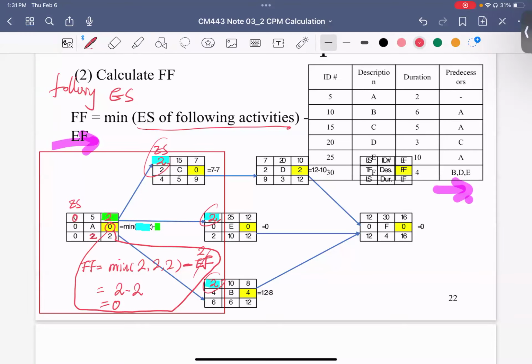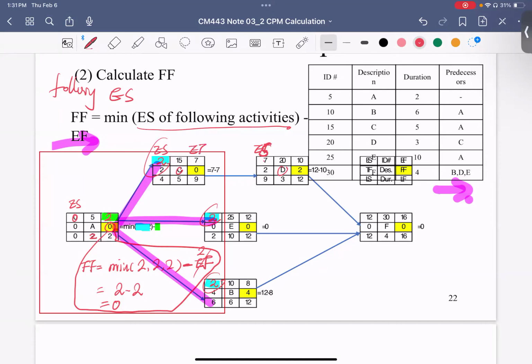We continue. That is the special case for this one. This is a challenging one because only A here has a relation to multiple activities. But C here is quite simple. C only has one following activity, which is D, and its early start time is 7.